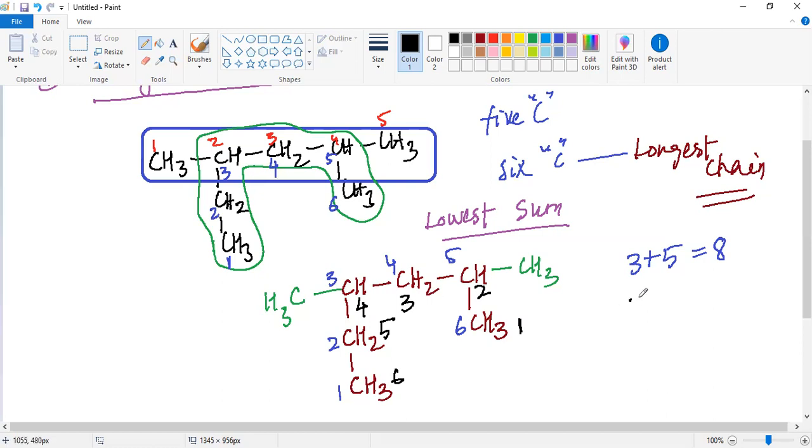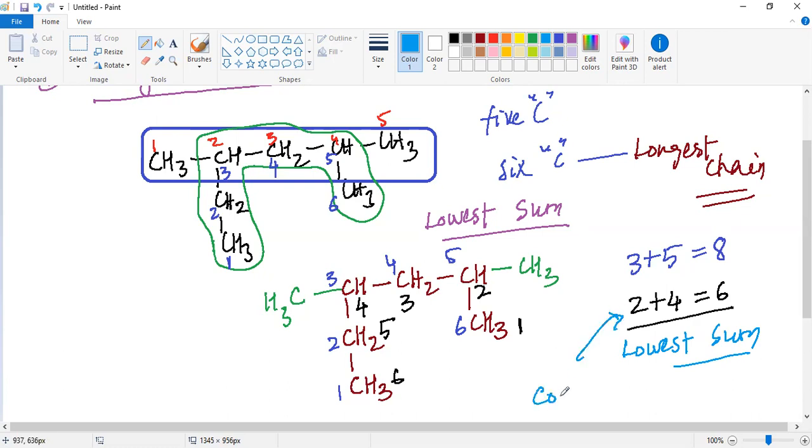That gives us 6. So when you look at this, you will find that this is the lowest sum. And that is why this is the correct way to give numbering.